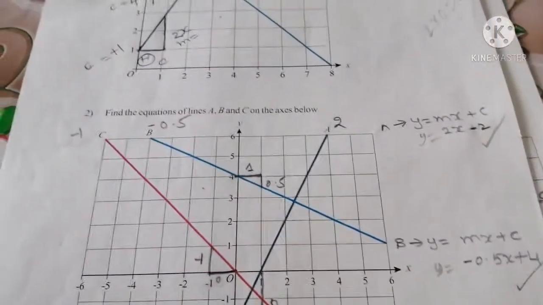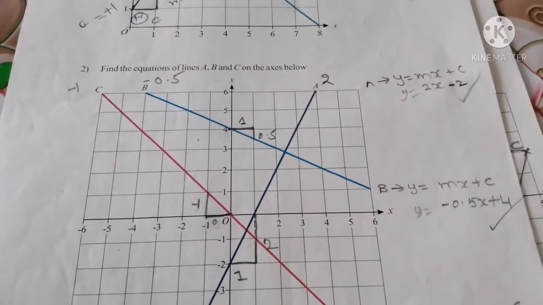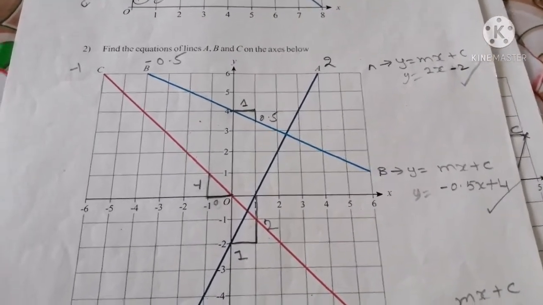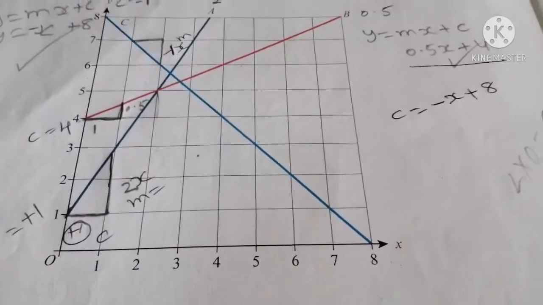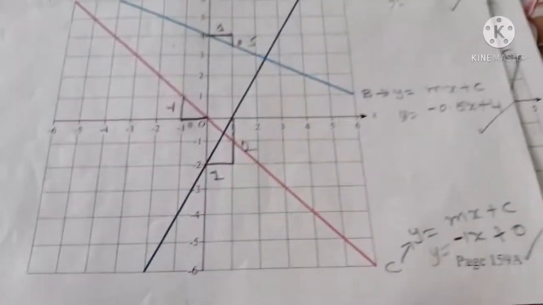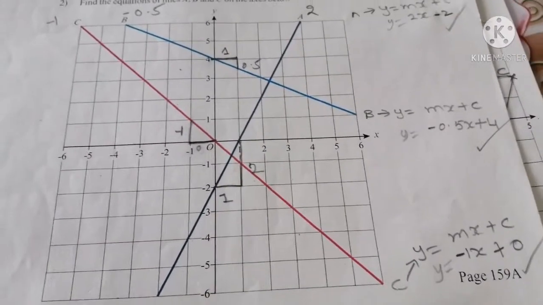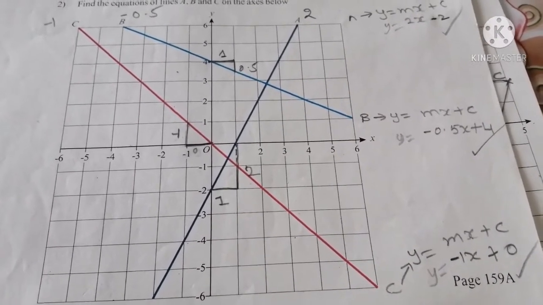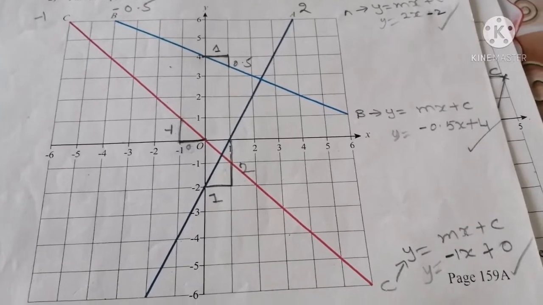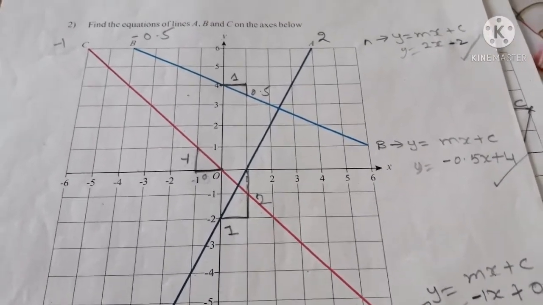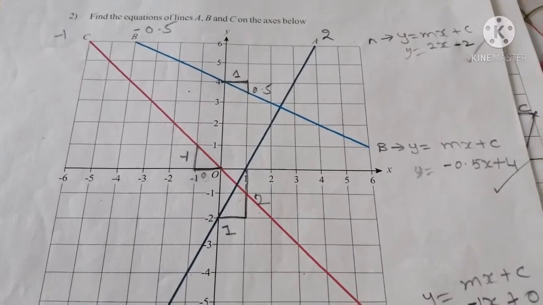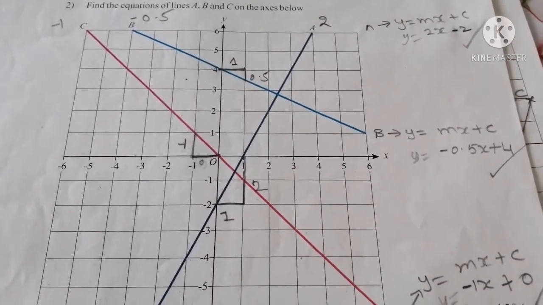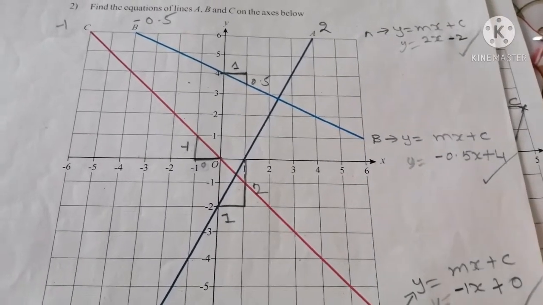Find the equations of lines A, B and C on the axis below. We will do whatever we did for the previous question. We do the same thing for this question. We need to find c, where it is crossing the y-axis, and then we need to draw a gradient which is m, and we will write the y equal to mx plus c formula.